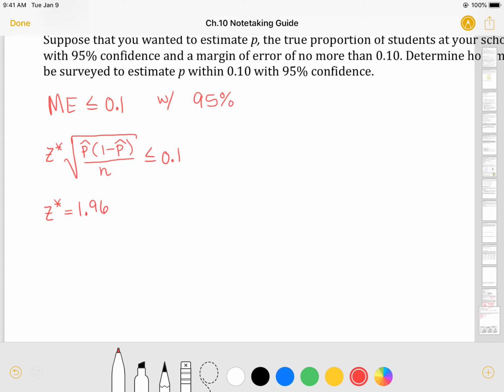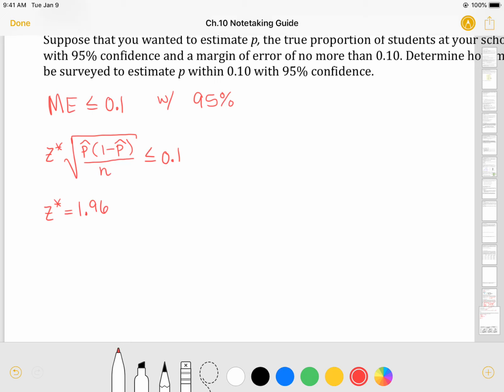Now, we run into a slight problem here because we do not have any information about p hat. We're looking for sample size, and in order to find p hat, we actually have to know sample size, right?